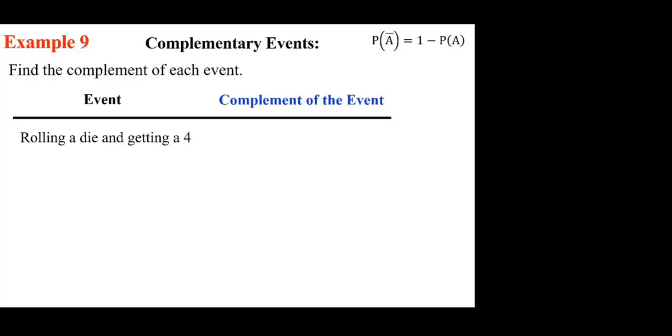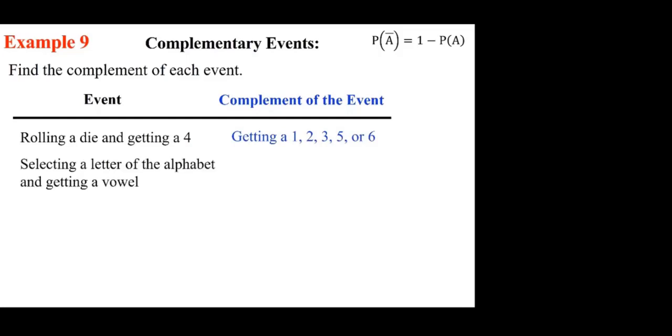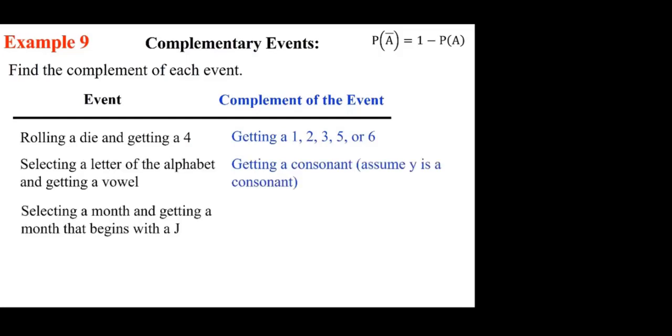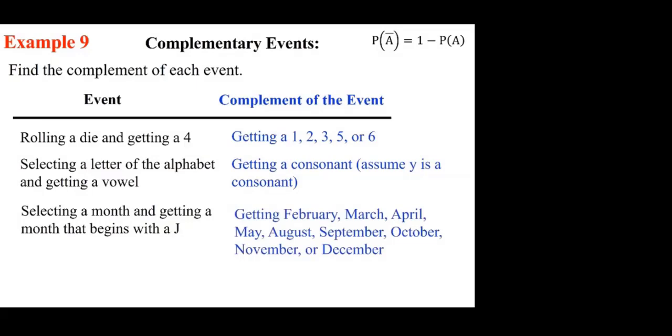Let's read these events. Rolling a die and getting a 4, a complement of that would be everything except 4. Selecting a letter of the alphabet and getting a vowel. Getting a consonant, assume Y is a consonant. Next, getting a month that begins with a J, the answer is getting February, March, April, May, August, September, October, November, or December.